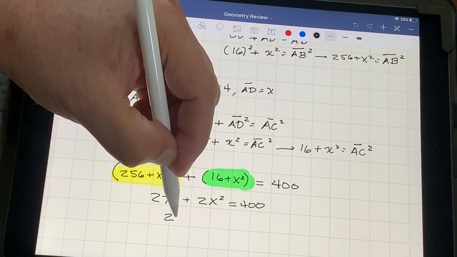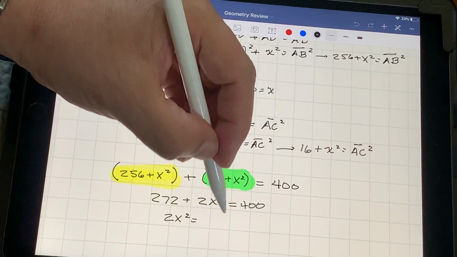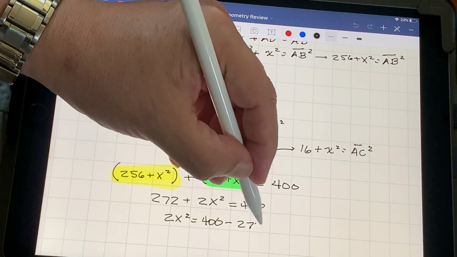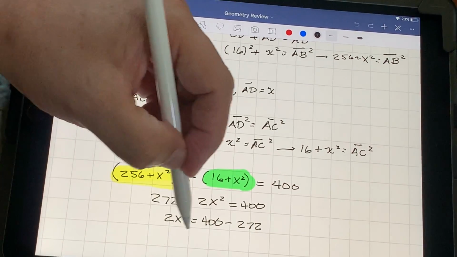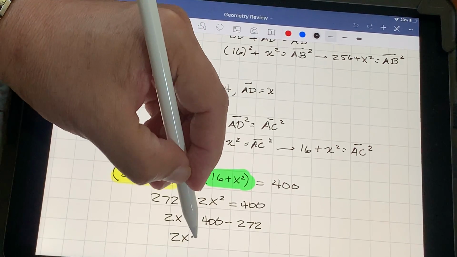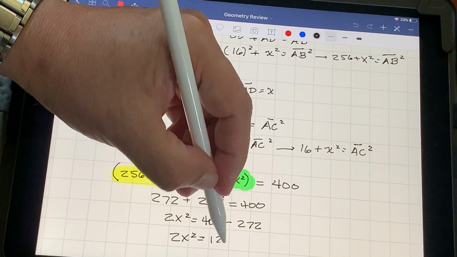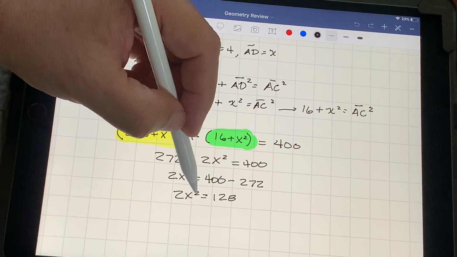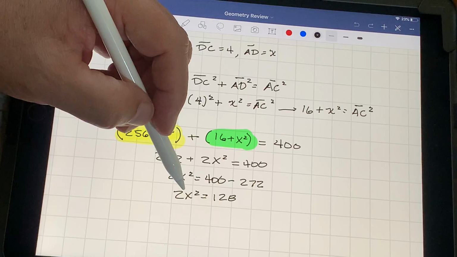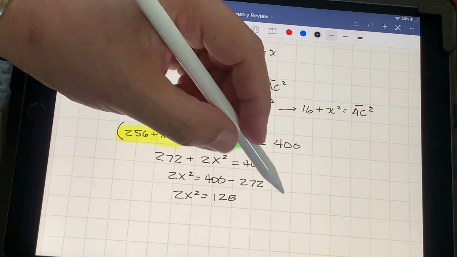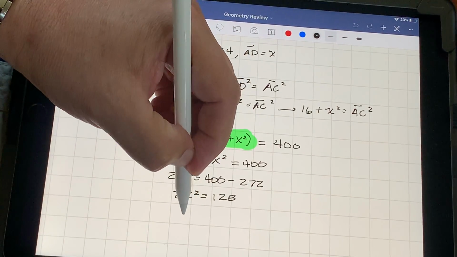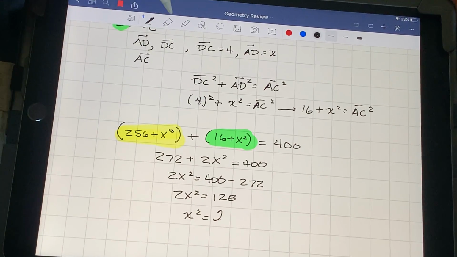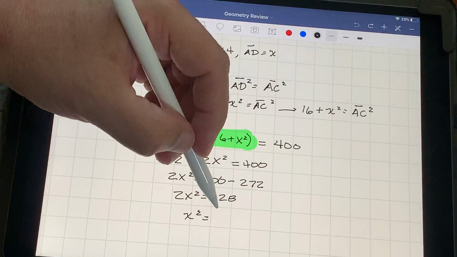So now I end up with the equation 2x squared equals 400 minus 272. That means that 2x squared equals 128. If my 2 is multiplying x squared, then I have to move it to the other side by dividing. So I can say now that x squared equals 64.